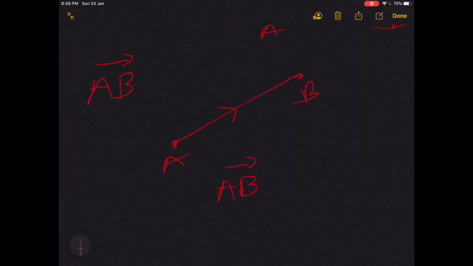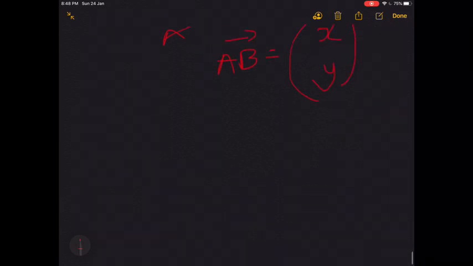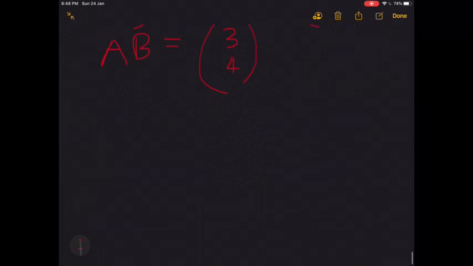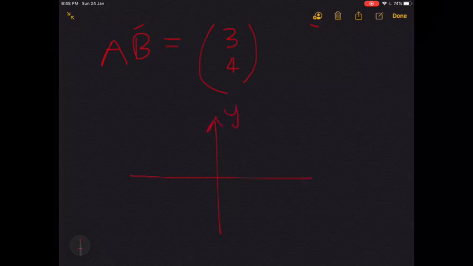This is how vectors are usually written: the x component and the y component. An example, let's say the vector AB has values 3, 4. On the xy plane, the y-axis and the x-axis.